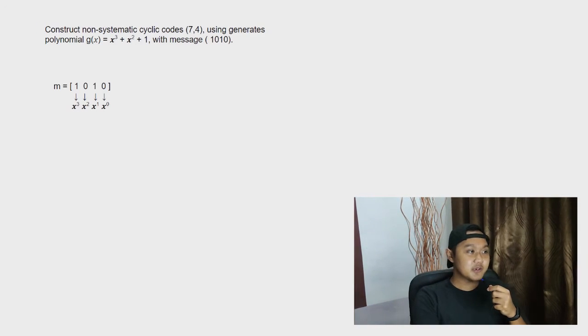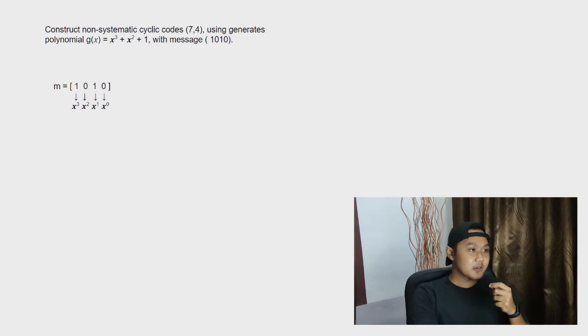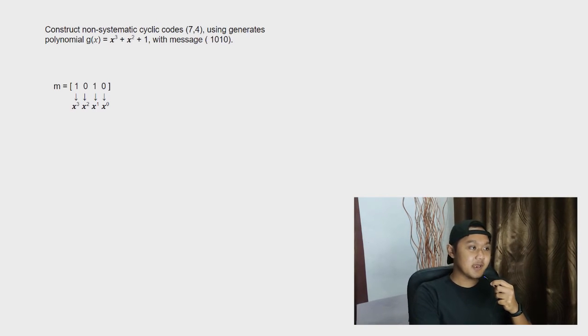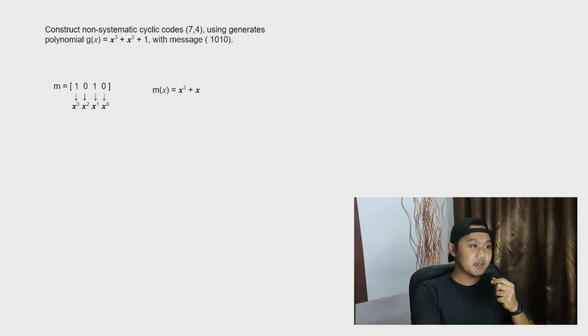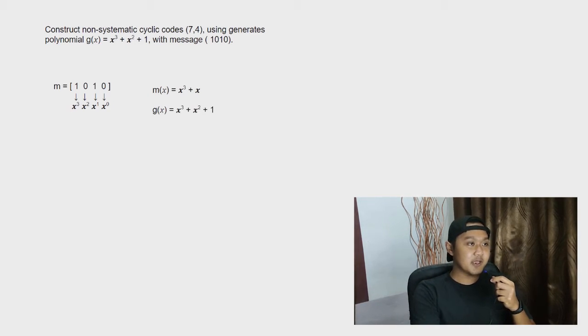We need to change the message to a message polynomial, so M(x) equals x^3 plus x. And the generator polynomial G(x) equals x^3 plus x^2 plus 1, as given in the question.